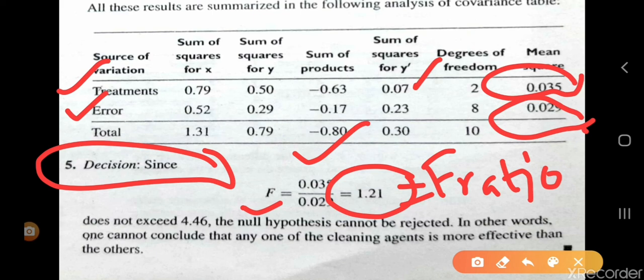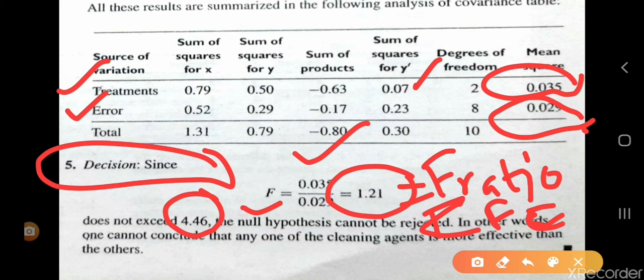Our F critical value was 4.46, and our F ratio is 1.21. So our F ratio is less than F critical, so we cannot reject our null hypothesis.